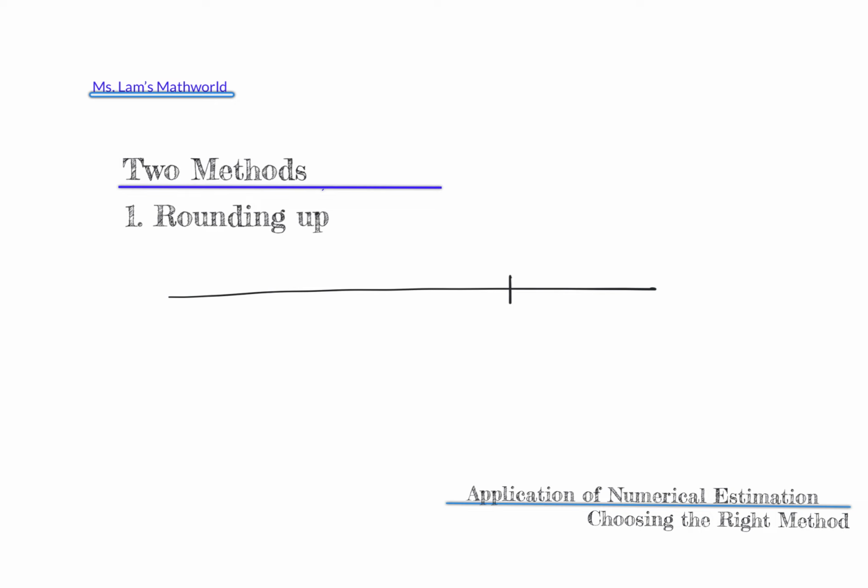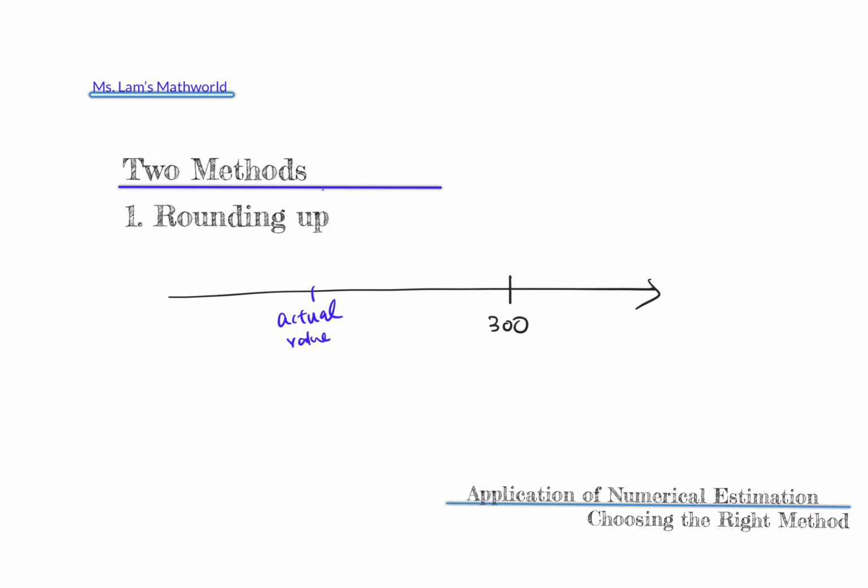Suppose you need to buy something or you want to check the total number. For example, this is the number we want to check. For example, we want to check if the value is greater than or less than 300. So if the actual value is less than 300, we use this case when the actual value is smaller than 300.